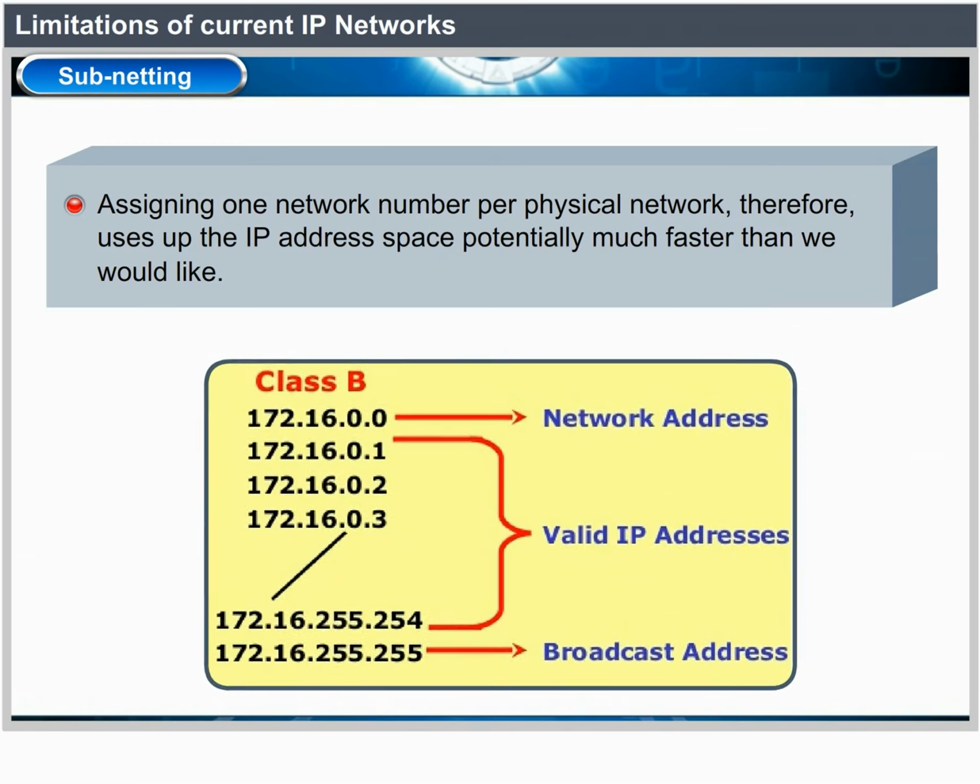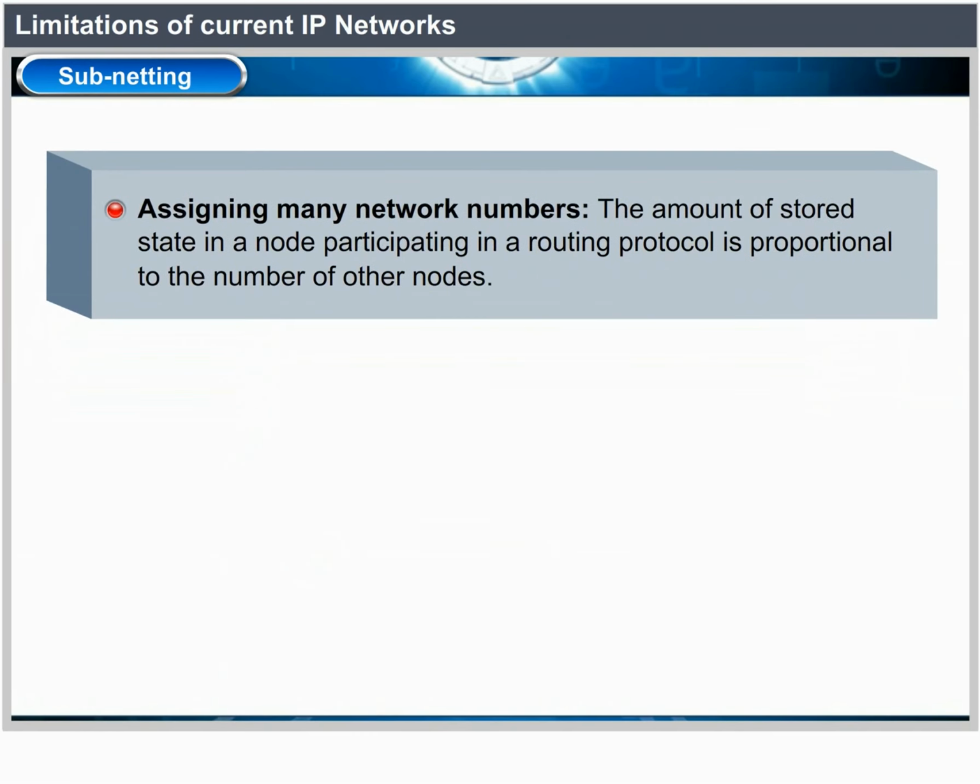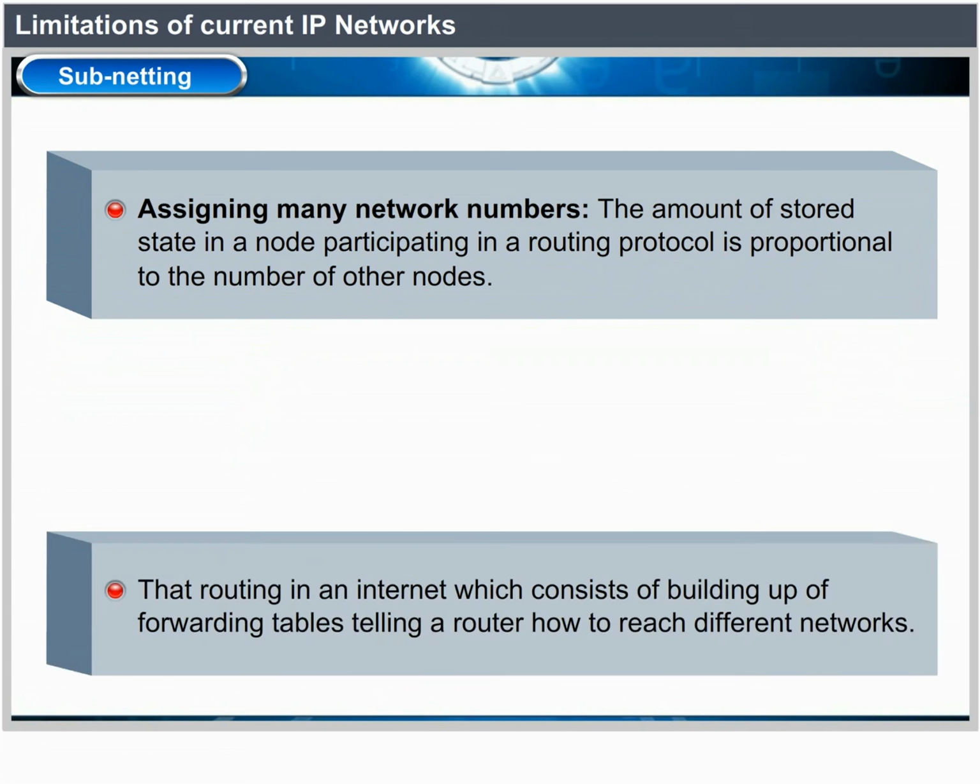Assigning many network numbers has another drawback. The amount of state that is stored in a node participating in a routing protocol is proportional to the number of other nodes, and routing in an internet consists of building up forwarding tables that tell a router how to reach different networks.